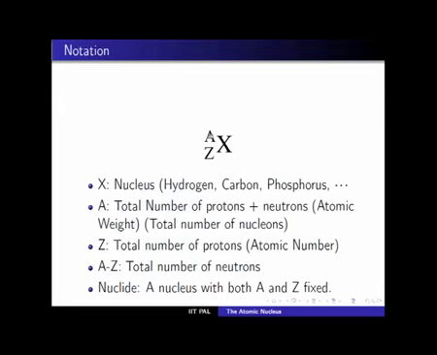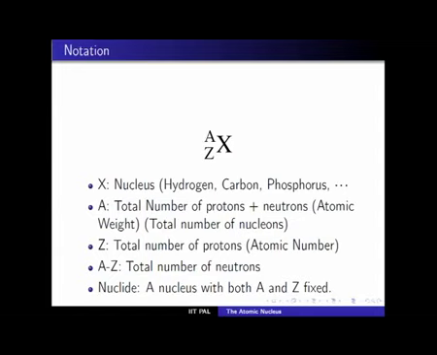A stands for the total number of protons plus neutrons in a nucleus, and Z stands for the total number of protons, which is called the atomic number in chemistry. Now, an atom is completely neutral, therefore Z also stands for the total number of electrons in a non-ionized atom.